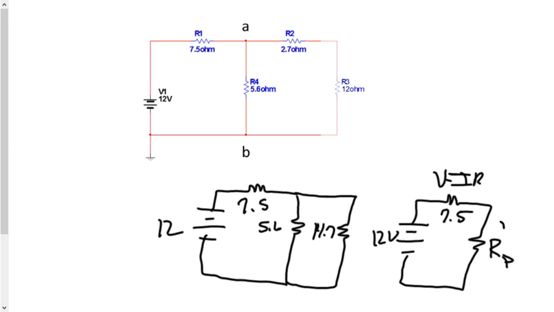And get the volts on this using V equals IR. In this case, we'll call it R parallel. Okay, and then you'll have the volts on this, and whatever volts you get here will be the volts on this one and this one. So therefore, you can get the current going through this branch using V equals IR. And then this will be V equals IR.